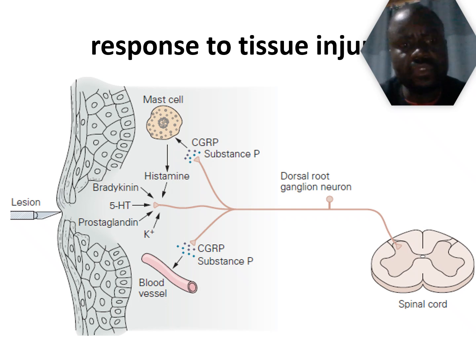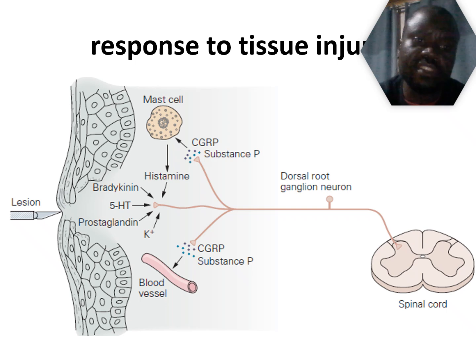But also you notice that in the surrounding tissues we've got serotonin that is released from platelets as well, and this serotonin is also going to stimulate the free nerve endings.